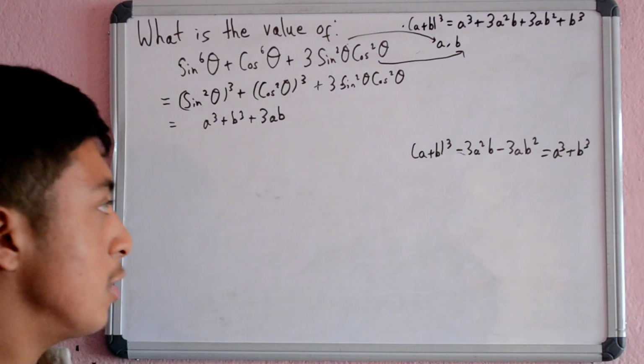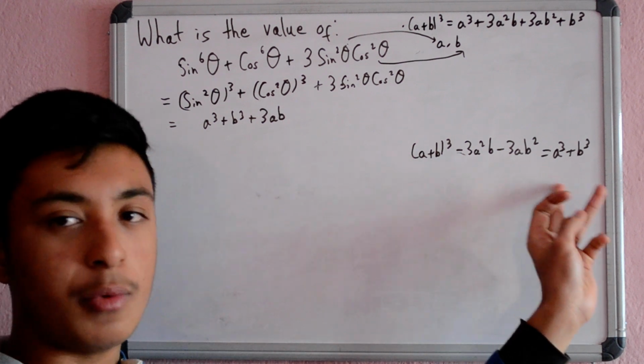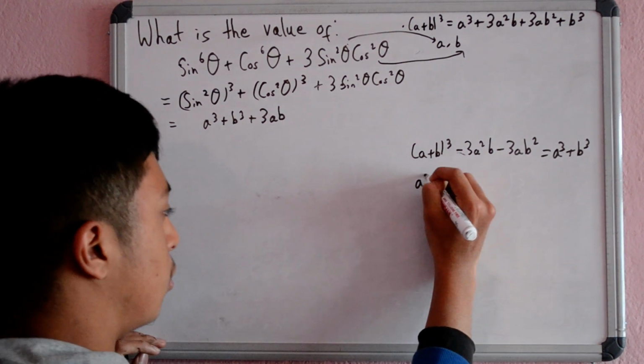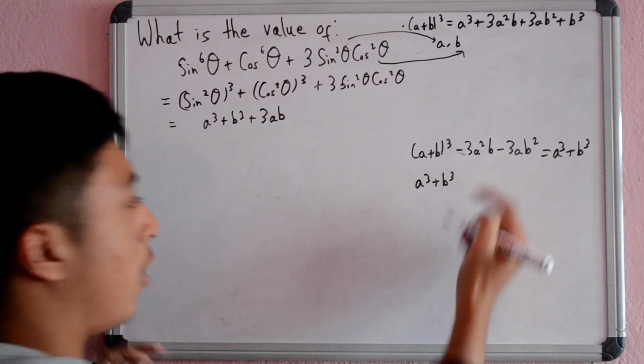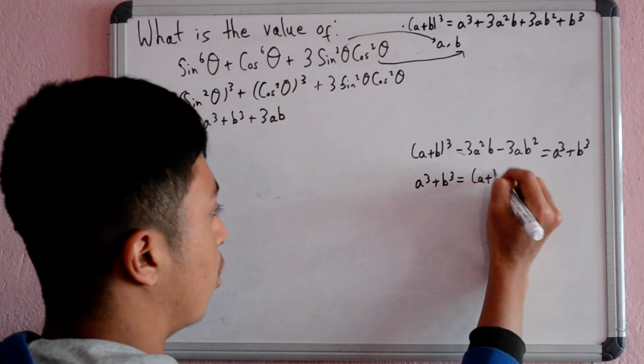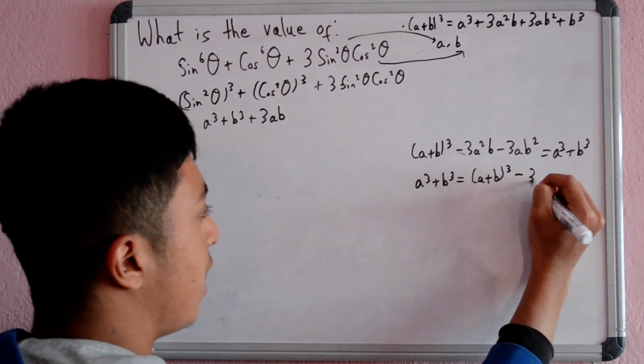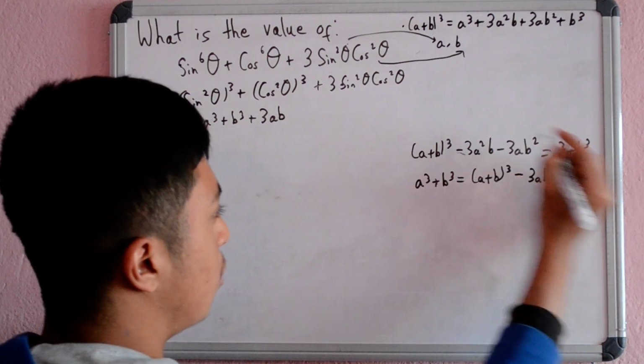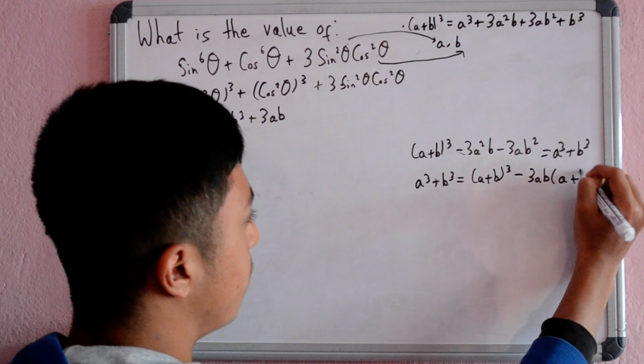Now, you can take 3ab common from these two terms. So this is a plus b whole cube minus 3ab common, so this will have a remaining and b remaining right here.